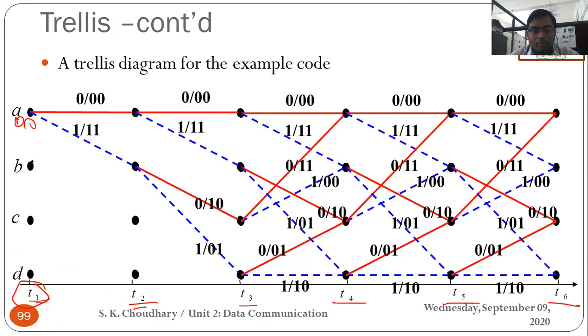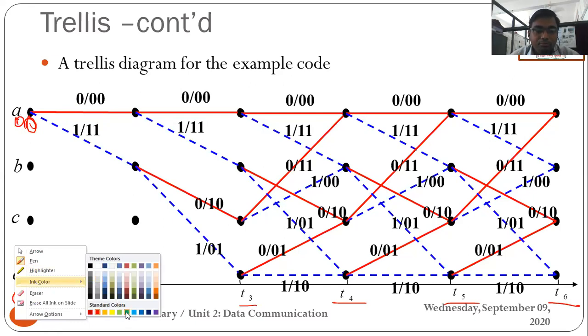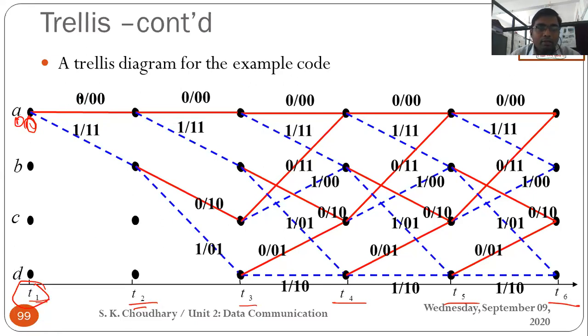From A, 2 branches can be generated: one when you receive input 0, and the second when you receive input 1. In this way we develop 2 branches, 2 different code words for the corresponding inputs, and 2 different next states or nodes.